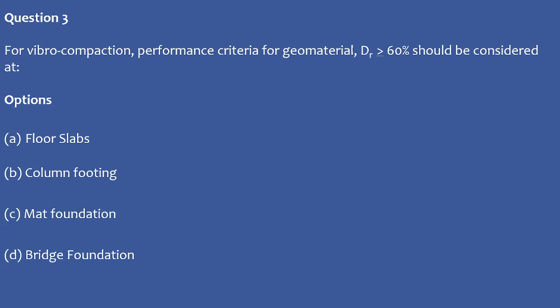There are various performance criteria for any geomaterial before the vibro compaction. One of the criteria is that we should have relative density greater than or equal to 60%, and that criteria we use for one of the structural members for any type of structure. So which type of member is this performance criteria referred to, relative density greater than 60%?